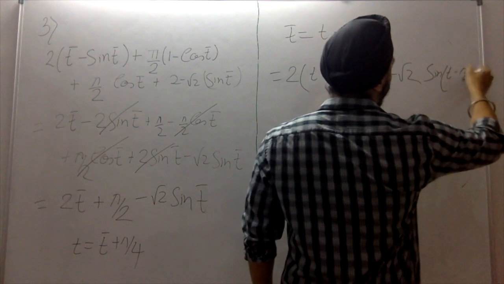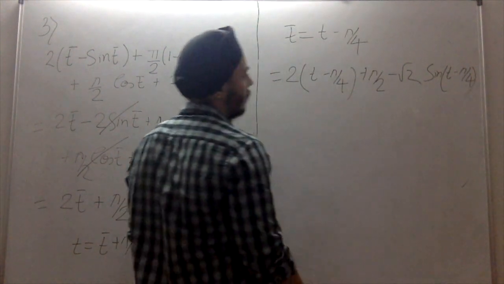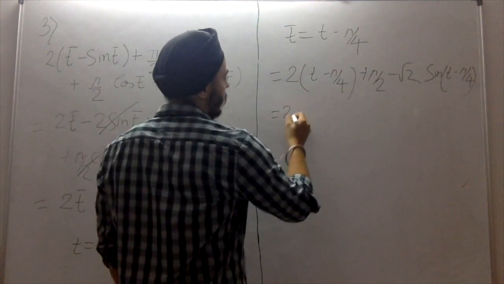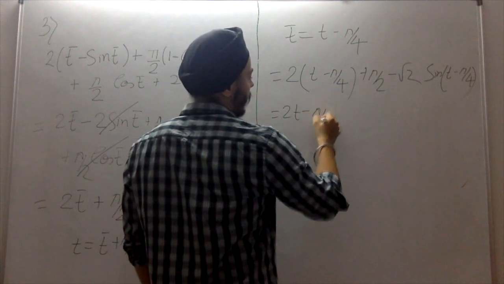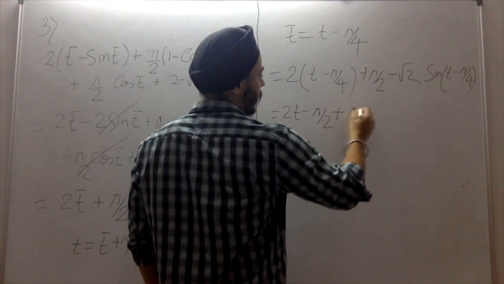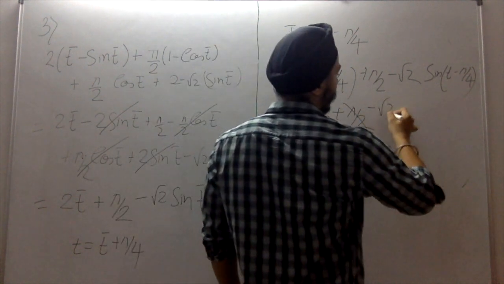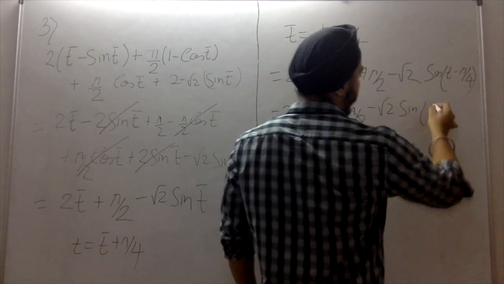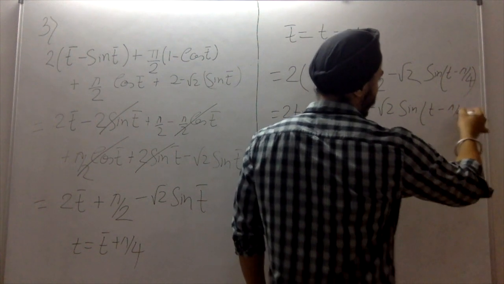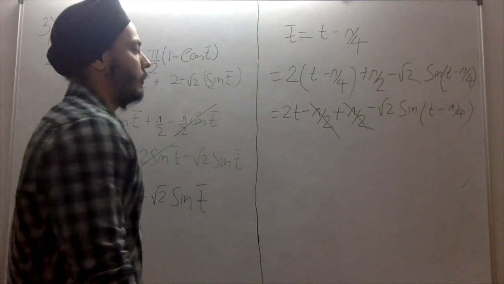Which is equal to 2t minus pi by 2 plus pi by 2, this will get cancelled, minus root 2 times sin t minus pi by 4.